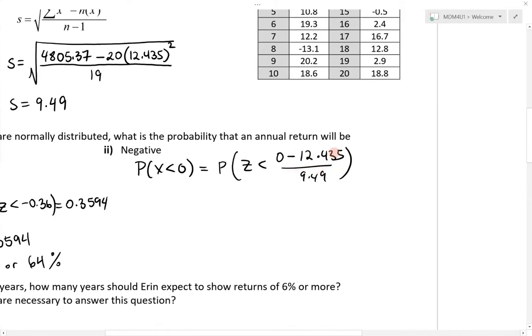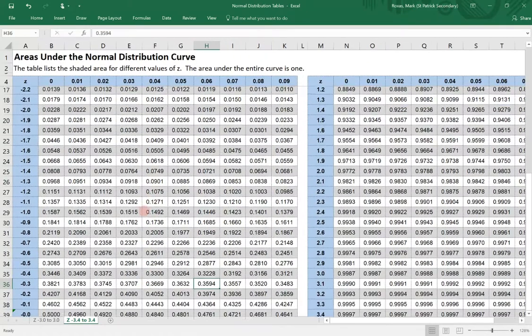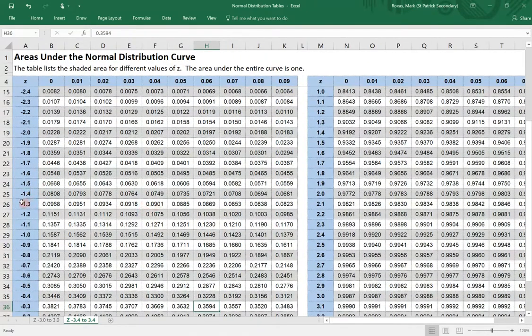In other words, what's the probability that z is less than, if I evaluate all this, negative 1.31? So I go to a z-score table and look for negative 1.31. Here is negative 1.3. The second decimal place is 1, so there is 1.